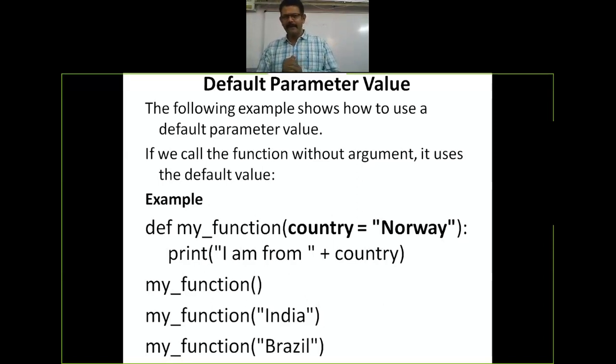In the example, we are writing the my_function call statement. When we call this, in the first example, we are not passing any argument, so the function will take its default value, Norway. What is the output? I am from Norway. Second example, you see my_function, you are passing an argument, India.